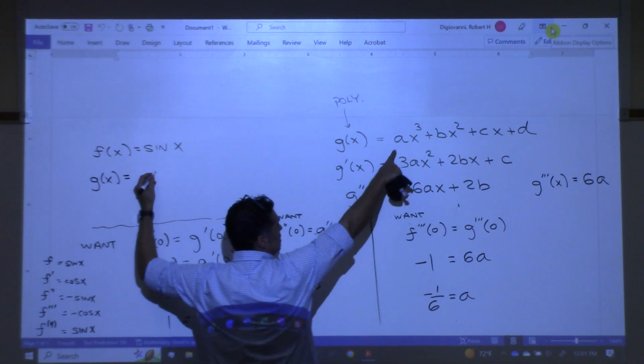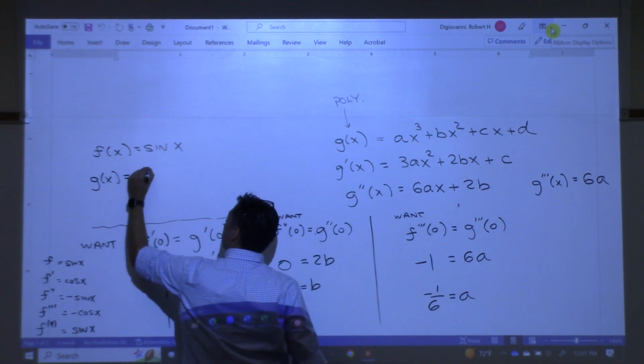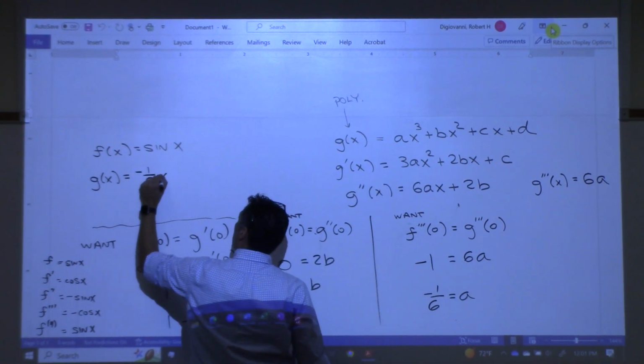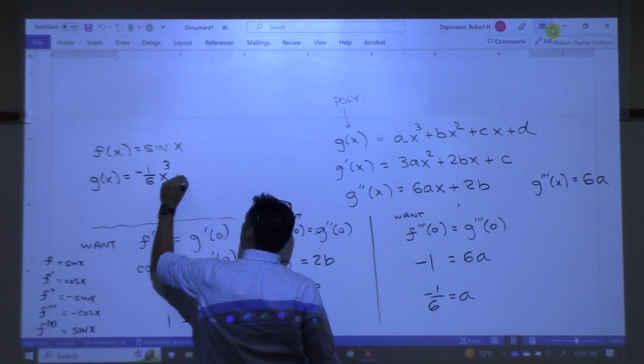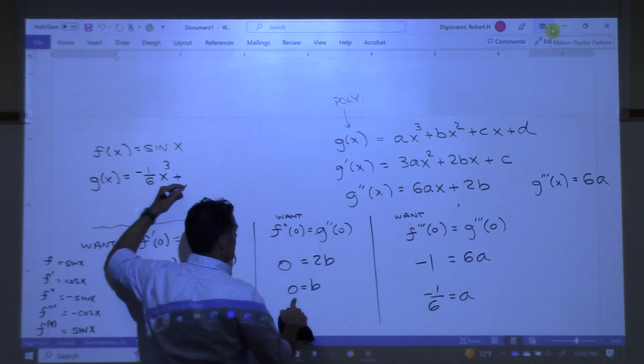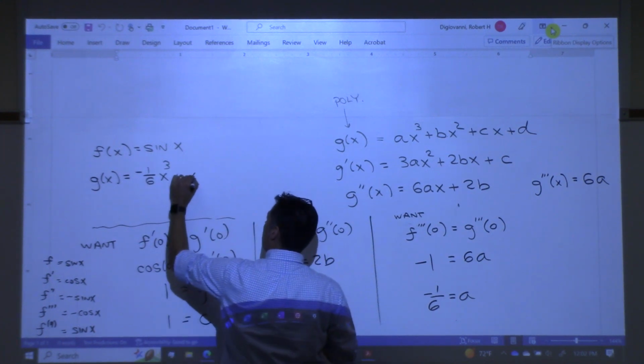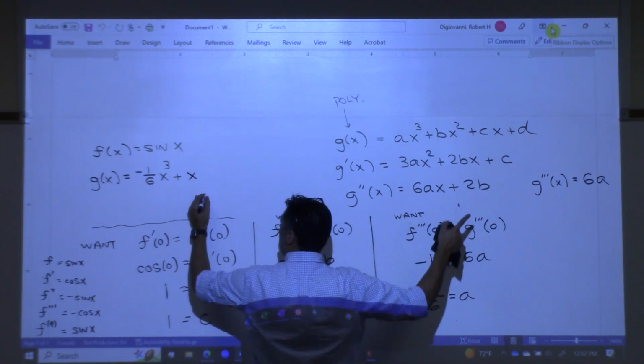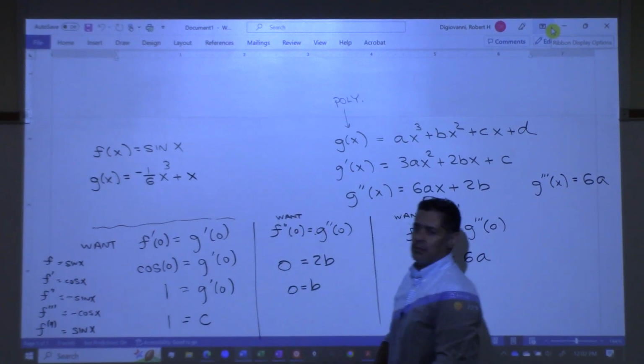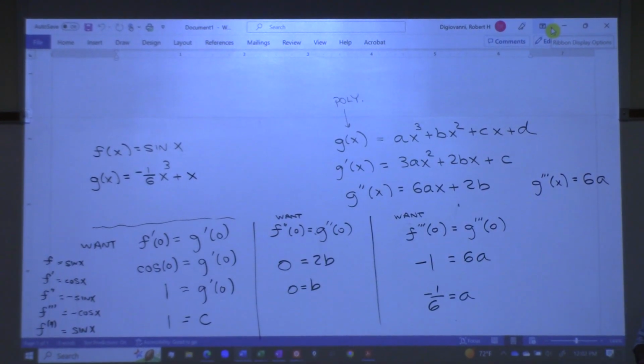A, which was negative 1/6, x to the third, plus what was b? 0, so I'm not going to put a b there. C was 1, and then d was 0. So that's it right there. That's my third degree polynomial.